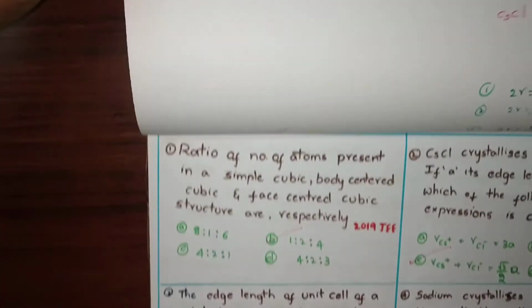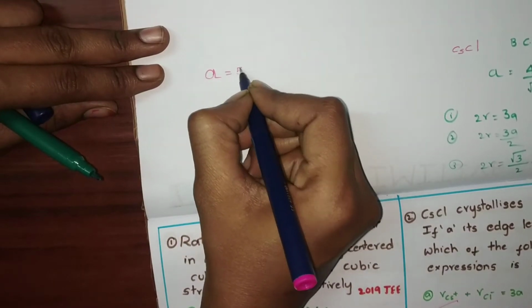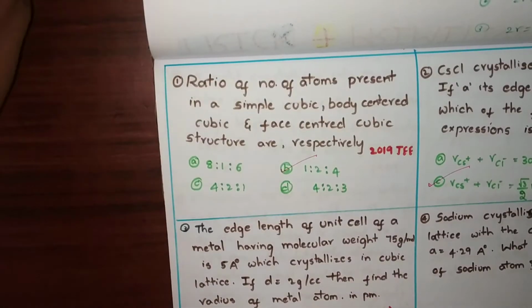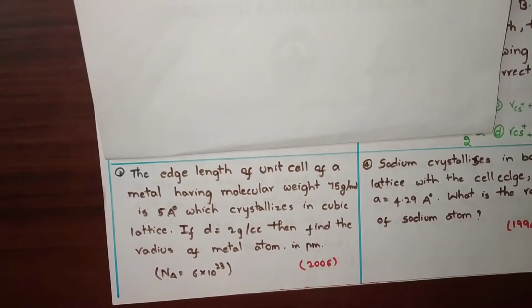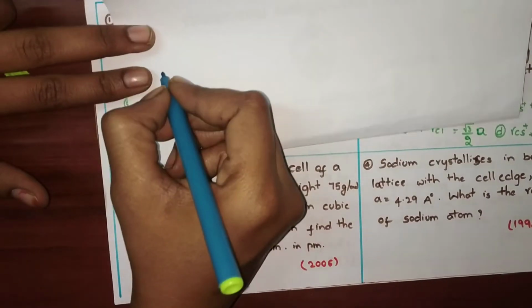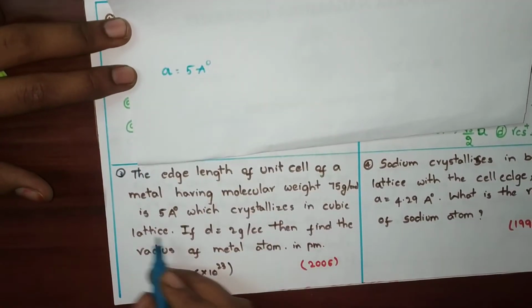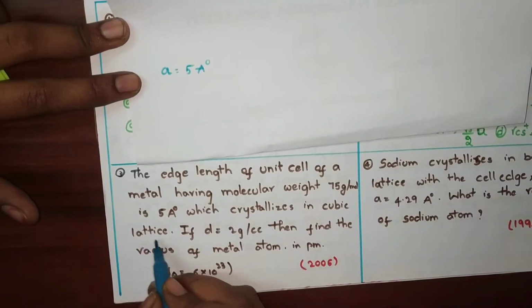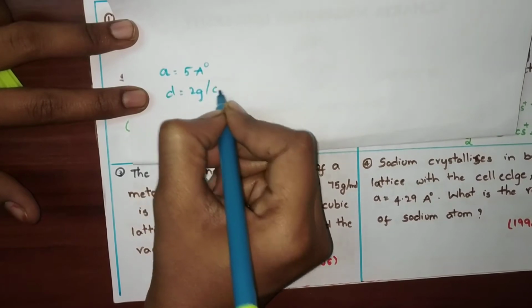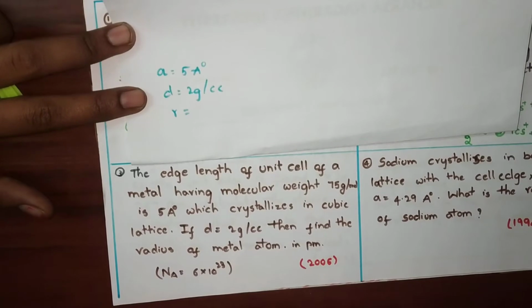Edge length a is 5 angstroms, and it crystallizes in a cubic lattice. Density is given as 2 g per cc. We have to find the radius.